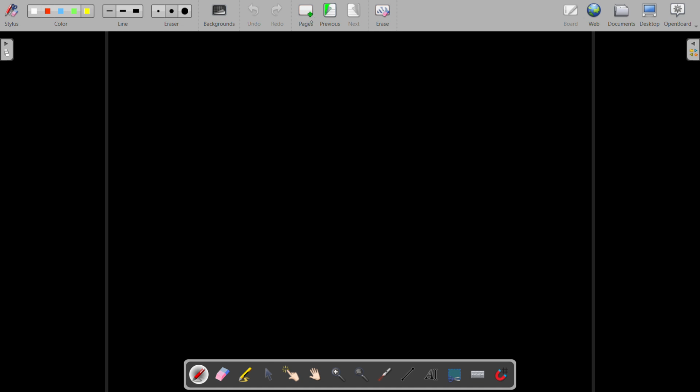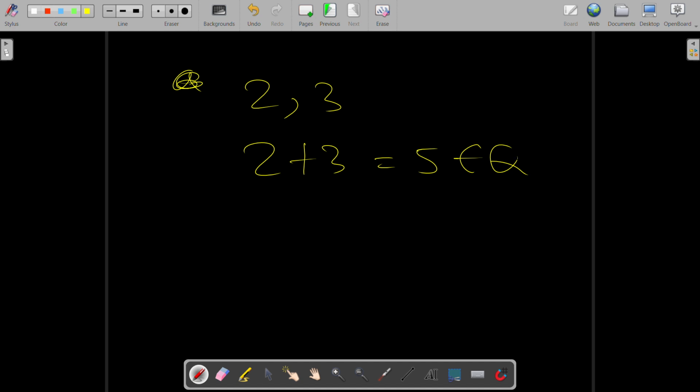If I want to be more precise, 2 and 3 are rational numbers. If we simply add them, it will give 5, which also belongs to the set Q of rational numbers. But 2 minus root 2 is an irrational number and 2 plus root 2 is an irrational number.